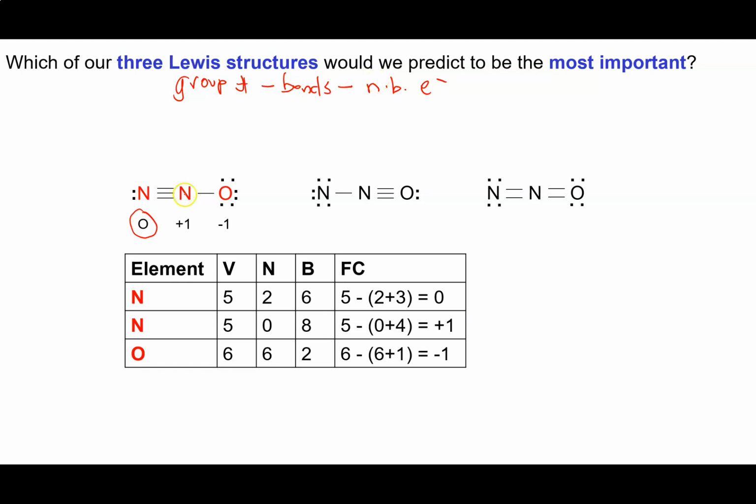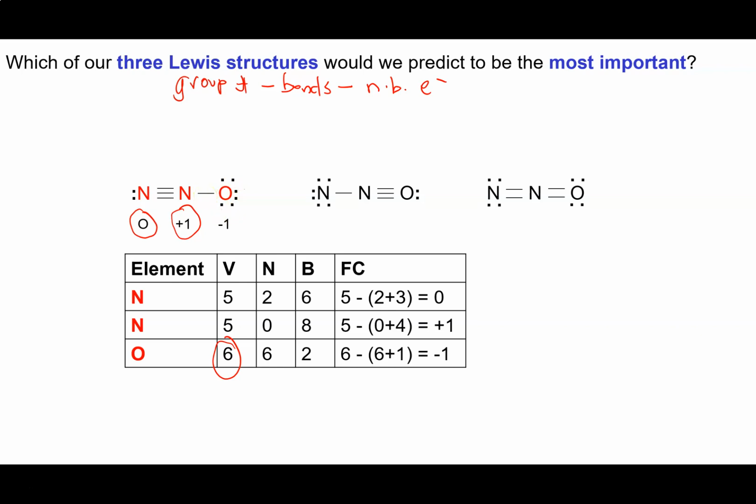The next one, the group number for nitrogen, still 5. 5 minus 1, 2, 3, 4. 5 minus 4 plus 1. No non-bonding electrons in that case. Now I'm going to do the oxygen. The group number becomes 6 now. 6 valence electrons. 6 minus 1, 2, 3, 4, 5, 6 non-bonding electrons minus 1 bond.